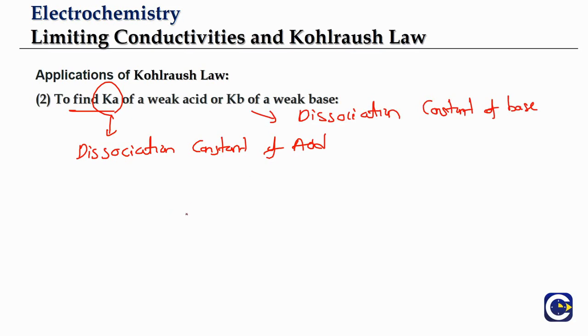So using the alpha value, we can find the dissociation constant of the acid or of the base. How? If you remember the discussion in the ionic equilibrium chapter, that is why we keep on saying that the electrochemistry and ionic equilibrium chapters have a lot of correlation.